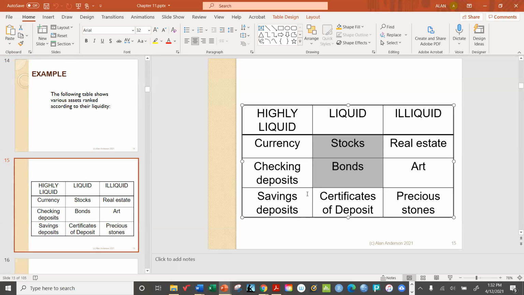Now down here we have something interesting, certificate of deposit. Does anyone know what that means? It's a deposit made for a certain length of time for a guaranteed return. That's right, exactly. It's basically like a savings account where you have to leave the money there for a fixed length of time.